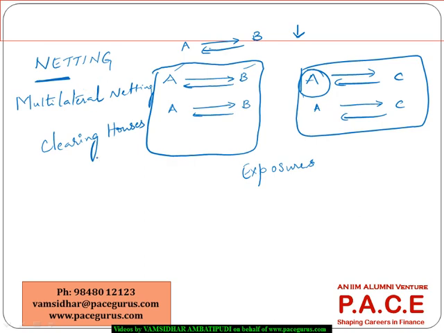Now, the other way I could look at it is using margin as a concept. Each party deposits a specific amount with the other party. There could be an initial margin where both the parties deposit something with the other party to protect themselves against the counterparty risk.